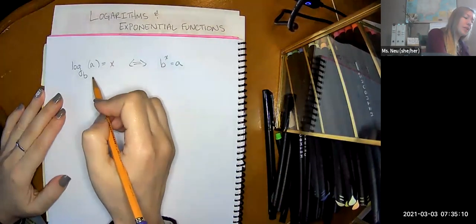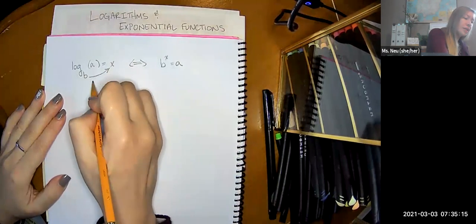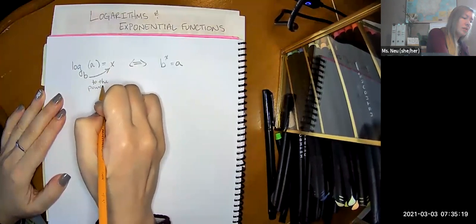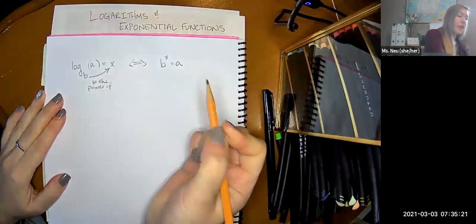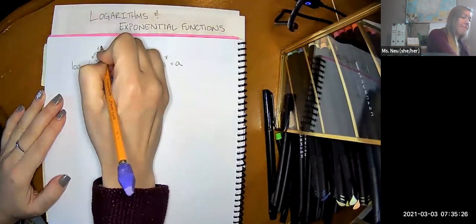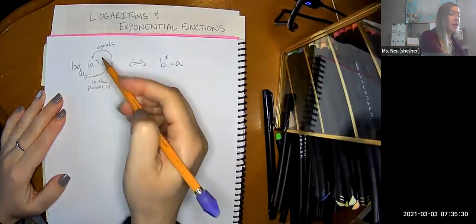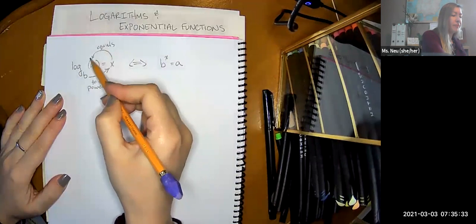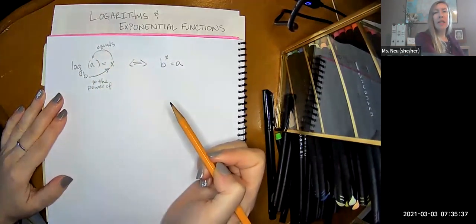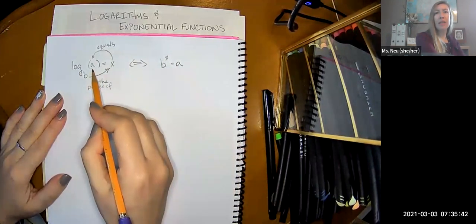So this now reads b to the power of x equals a. And that's how it makes this circle, right? It's the circle of life. So anytime you see something written like this, it can actually be rewritten like this.